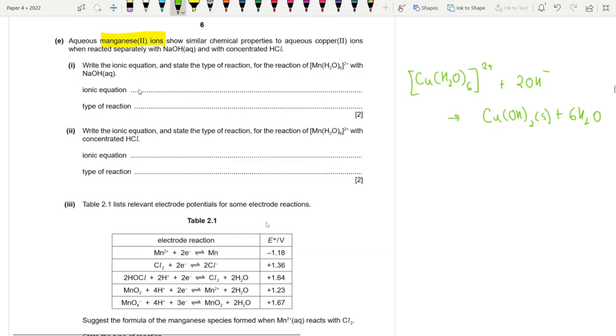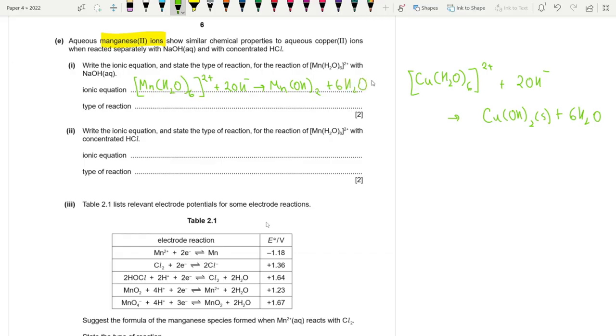So this equation will actually be the same. It's manganese, [Mn(H2O)6]2+, which reacts with 2 aqueous hydroxide ions and forms Mn(OH)2 solid plus 6H2O.